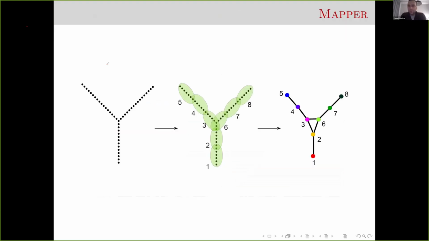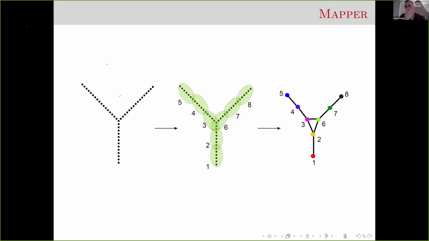And when it comes to topological visualization methods, we can go back to the mapper algorithm, which, starting from the point cloud on the left-hand side, using a certain transformation, creates an overlapping cover of the point cloud. And given this overlapping cover, we can create a one-dimensional nerve of that cover, namely a graph whose vertices correspond to cover elements.